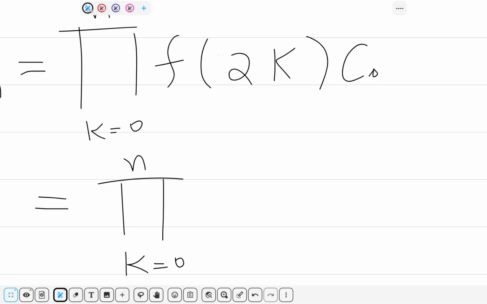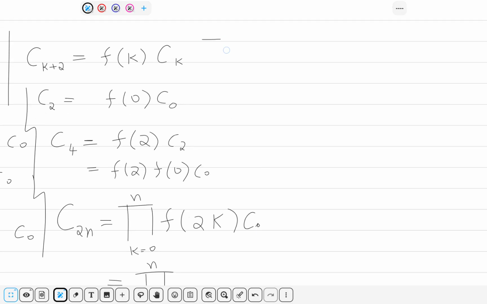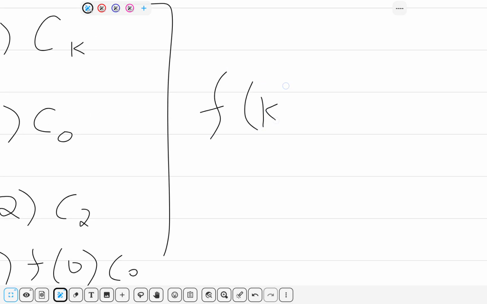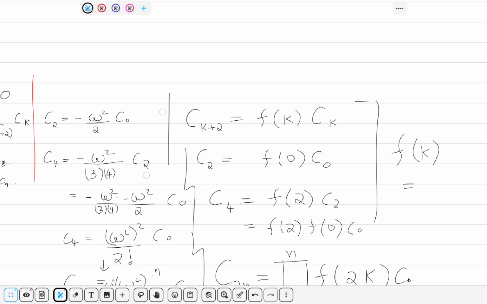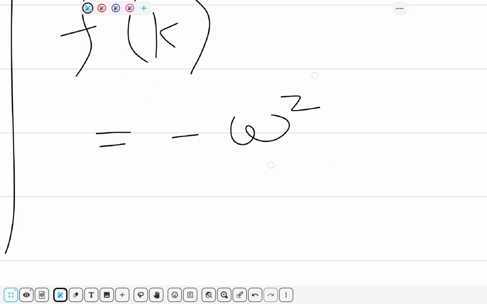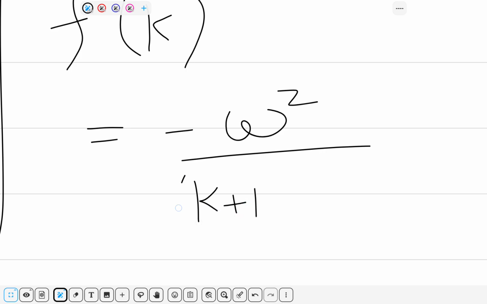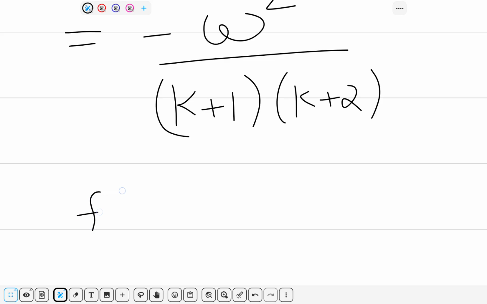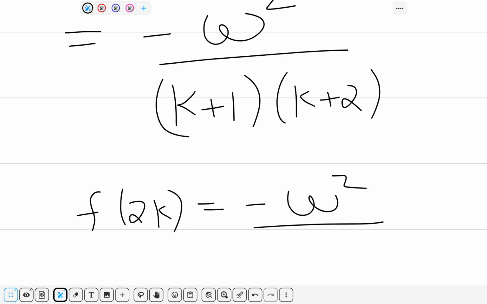So f of k is minus omega square by k plus 1, k plus 2. This means that f of 2k is minus omega square by 2k plus 1, 2k plus 2. This is how it would look like.